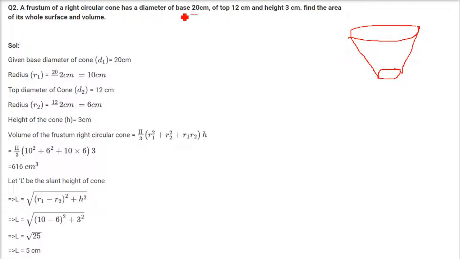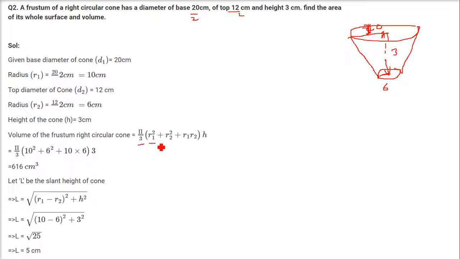So say this is 20 and this is the top, 12. These are diameters, so we take 20 by 2 and 12 by 2. This will be 10 and this will be 6. The height from here to here is 3 centimeter. Find the area of its whole surface and volume.